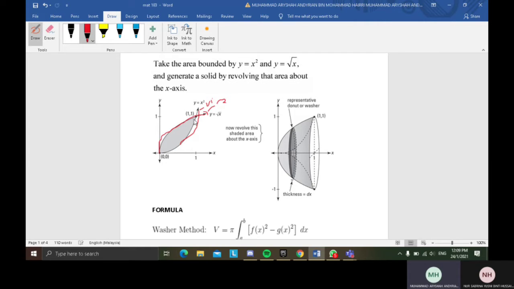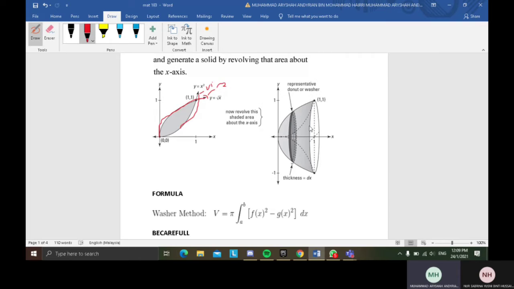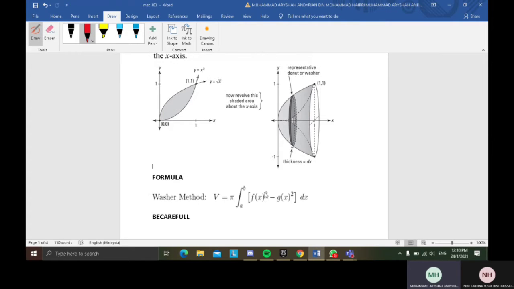So just by using this formula, you will get this. The reason we need to square here is because we need to find the volume.